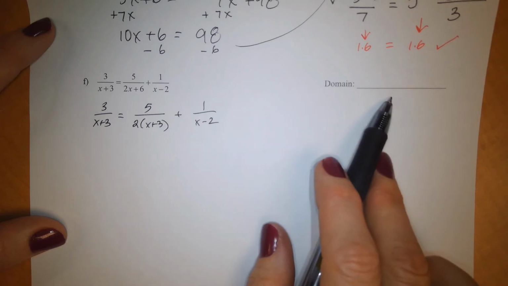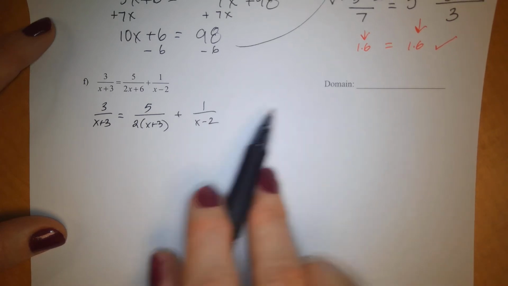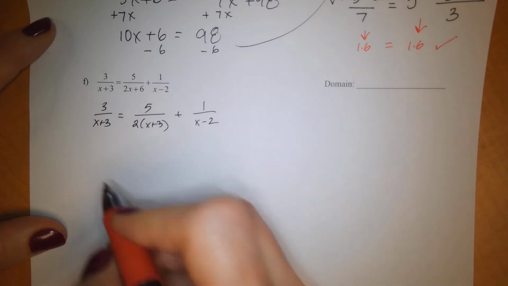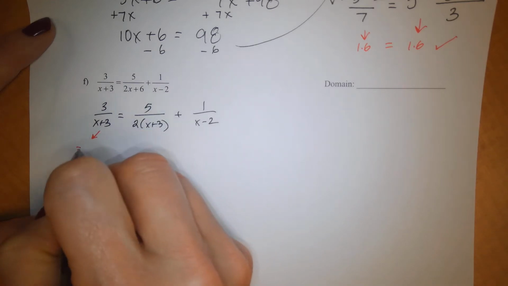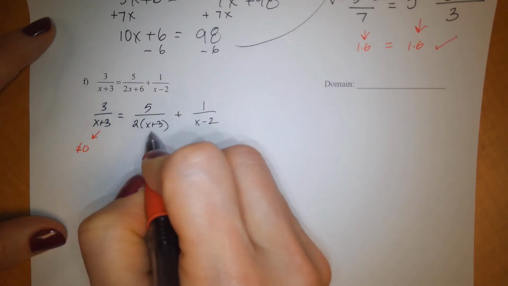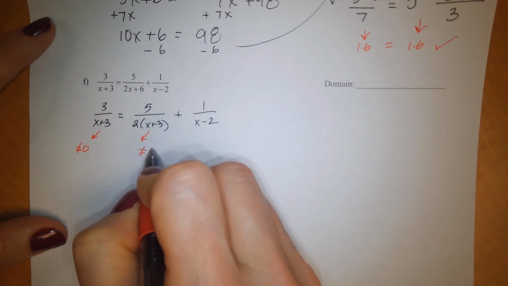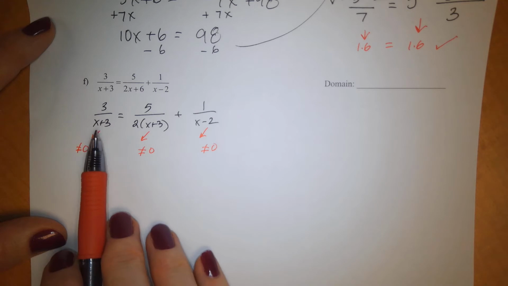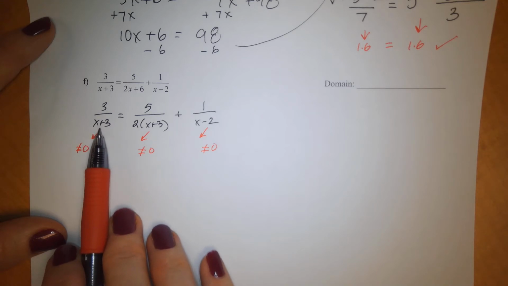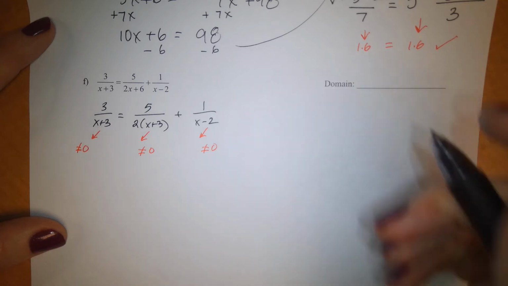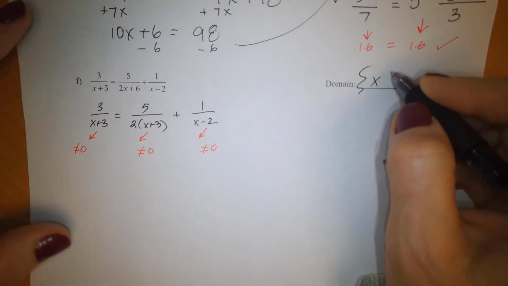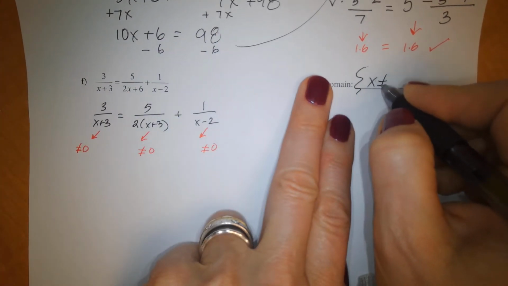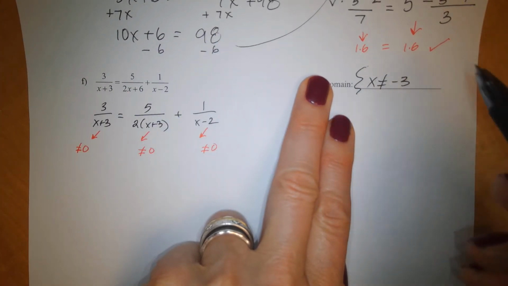At this point, we should be able to tell what my domain is. Remember, none of these denominators can equal 0. What makes this denominator 0? -3. So that means x cannot be -3.